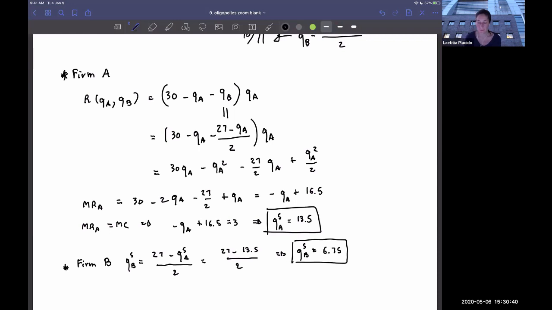What is the total market quantity? In the Stackelberg equilibrium it is the sum of QAS and QBS, so that's 20.25. What is the market price? You just substitute 20.25 in the market demand, and so you get 9.75.